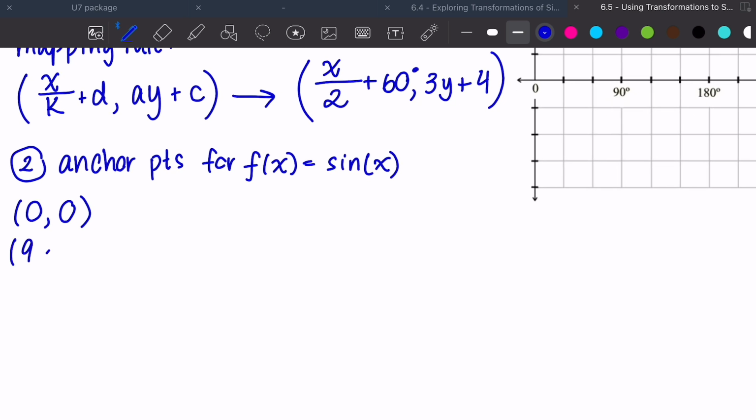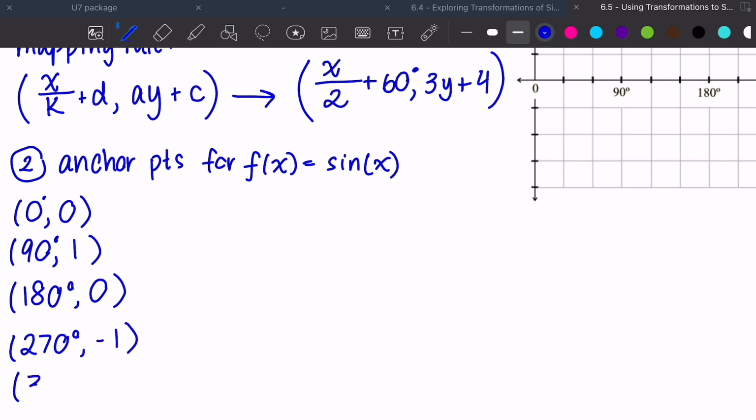If you plug in 90, you will get 1. If you plug in 180, you will go back to 0. 270, you will go back to -1. And then 360, you will return to 0. So you're going to be oscillating only between 1 and -1 for your parent function.